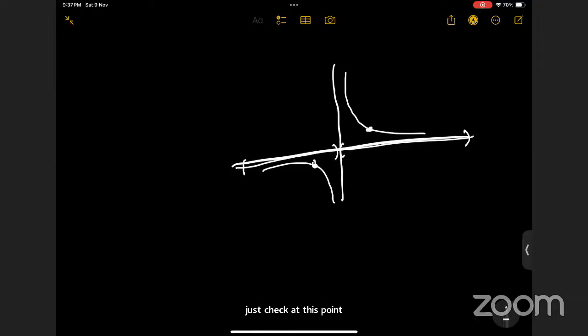So this value is clearly less than this value, right? And this point is clearly less than this point, right? Yes, ma'am. So in this portion, whenever we are crossing 0, this is not satisfying the decreasing statement, right?